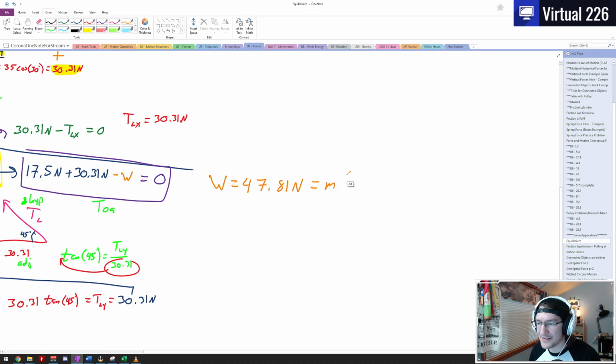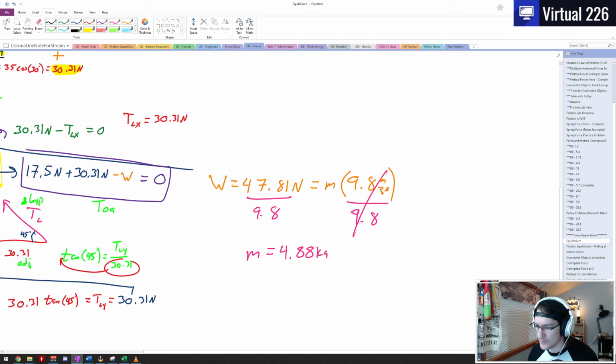This weight equals mass times gravity, which is 9.8 meters per second squared here on Earth. So we can just divide the 47.81 by 9.8 on each side. And we find our mass of the monkey as 4.88 kilograms. Okay, so that's our mass of the monkey.